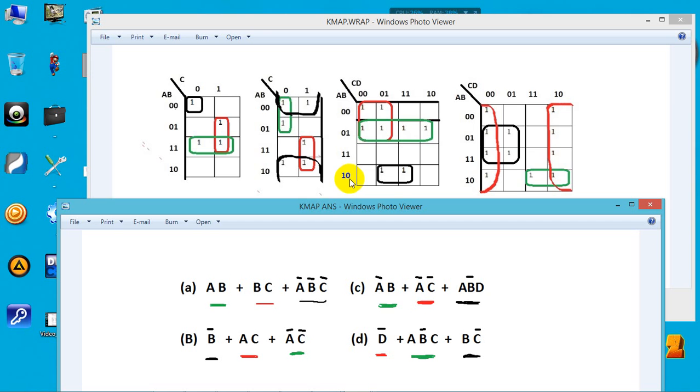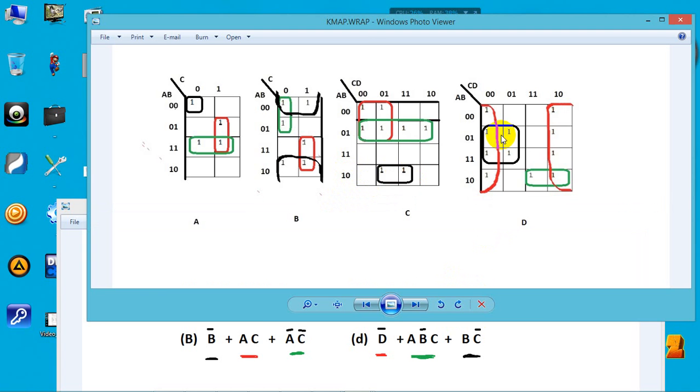Here B was 0 and it is returning 1, it means you have to complement the B. And checking this side, you can see that C was moving from 0 to 1. It means you knock it out. And here you can see that D was moving from 1 to 1. It means you maintain the D. And already is in 1, so you don't have to complement it. So here you have our A, B complement, and our D.